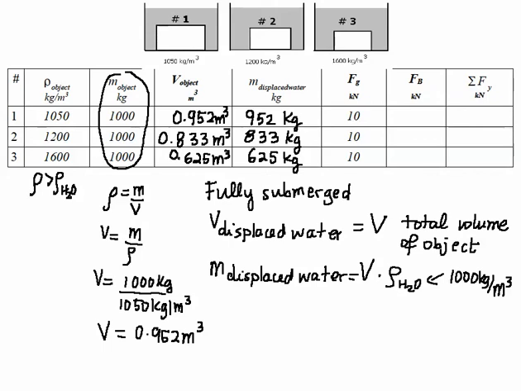So what I notice, and I can actually see that on the diagram at the top, is that the less dense object displaces more water than the denser object. All those objects have the same mass, therefore they have the same Fg.